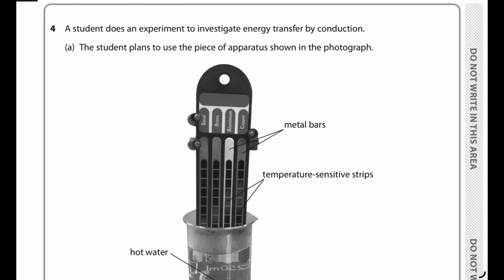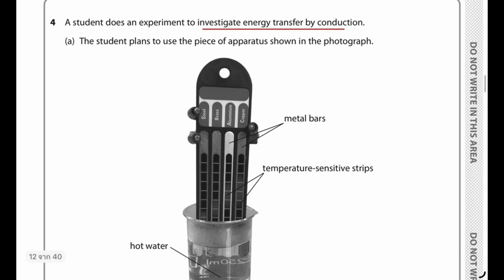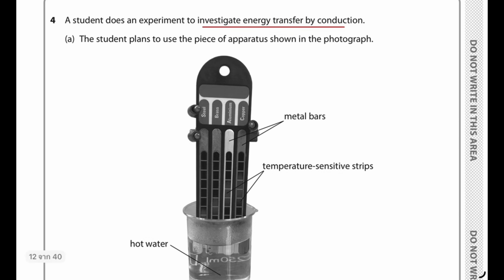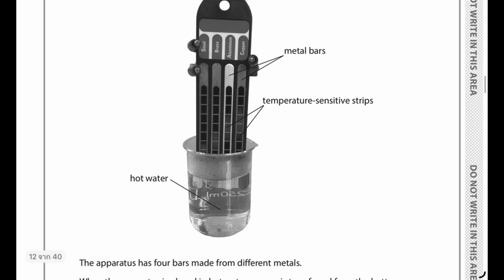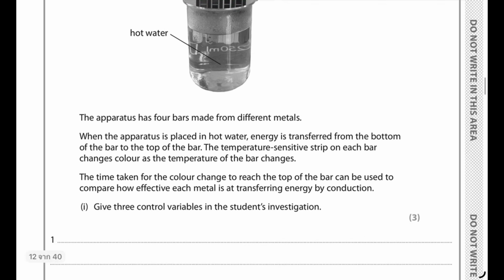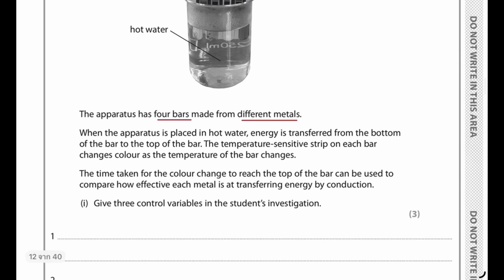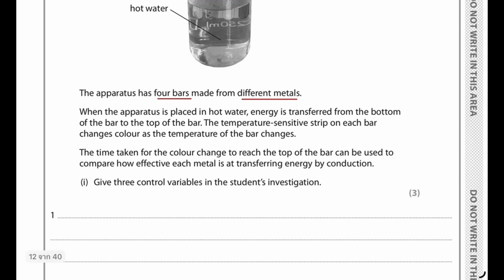Question 4. A student does an experiment to investigate energy transfer by conduction. A. The student plans to use the piece of apparatus shown in the photograph. The apparatus has 4 bars made from different metals. When the apparatus is placed in hot water, energy is transferred from the bottom of the bar to the top of the bar.